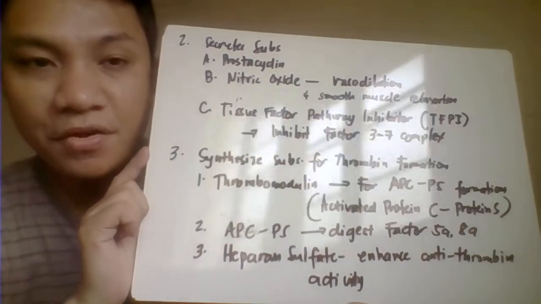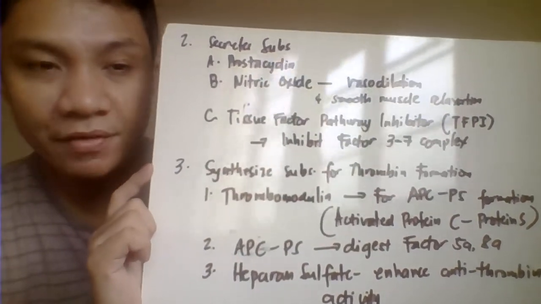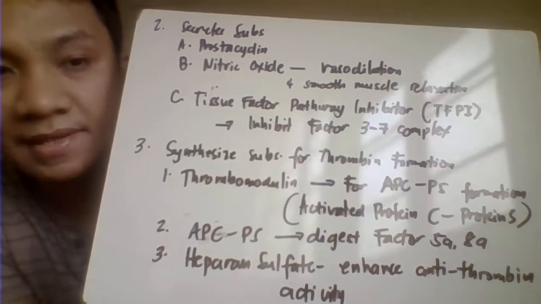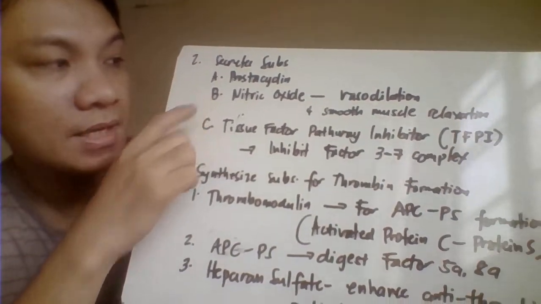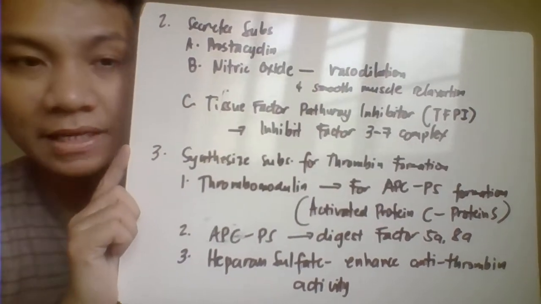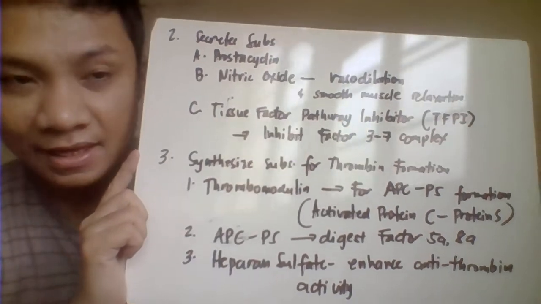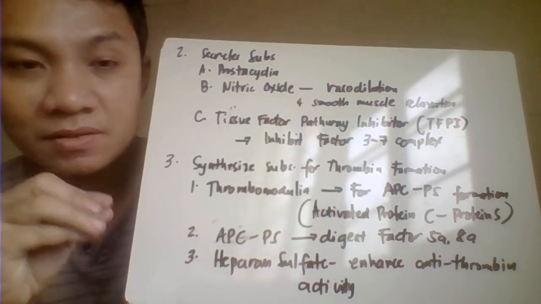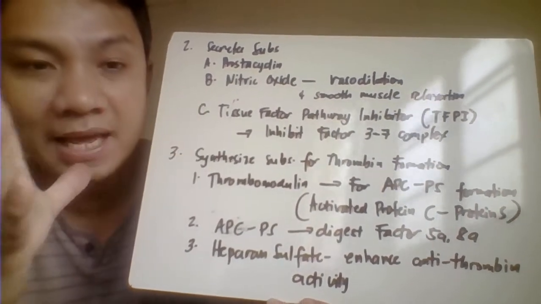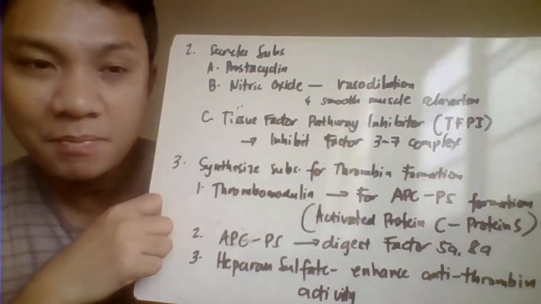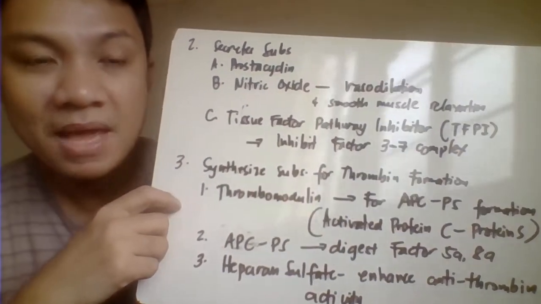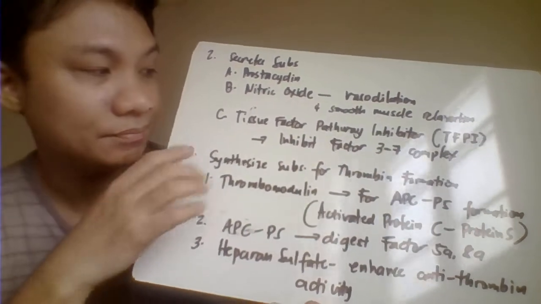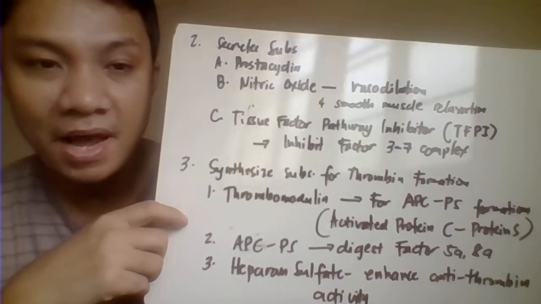Okay, aside from your prostacyclin, we have also here the other substances which have anticoagulant properties. Nitric oxide, so ang ginagawa nito ay vasodilate. Diba, para mag-clot tayo, para mag-stop ang bleeding, dapat vasoconstrict. Ito sa kanya, vasodilate. And therefore, it will not help here para mag-stop ang bleeding, making that one anticoagulant. Another one, tissue factor pathway inhibitor.